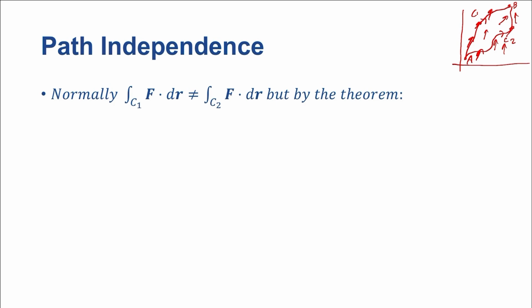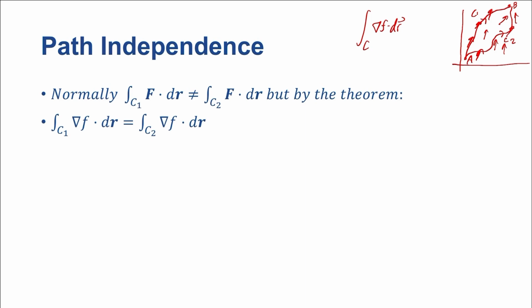However, by the fundamental theorem of line integrals, if I'm taking the integral over the gradient of f dot dr, then it will be the same. If I take the integral over the gradient of a potential function, that will be path independent.